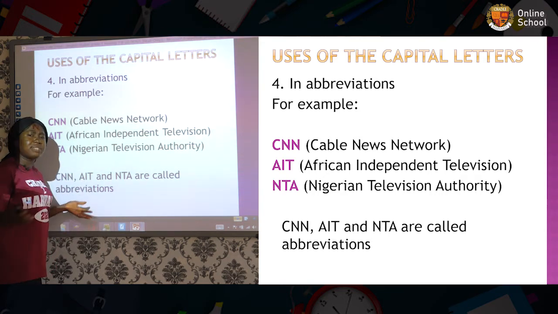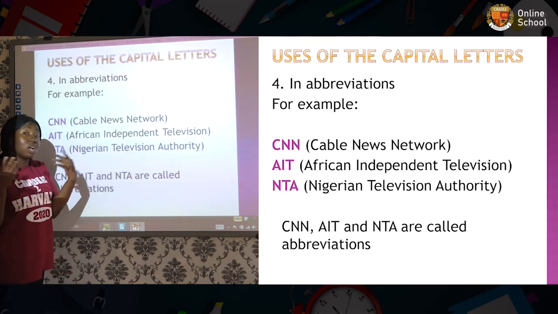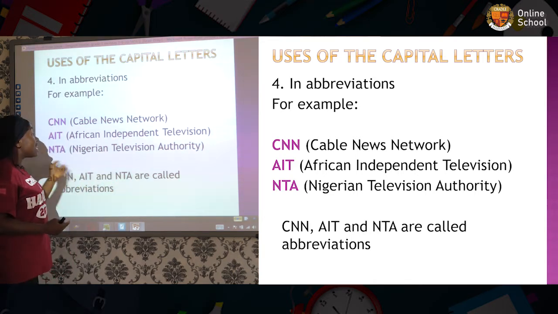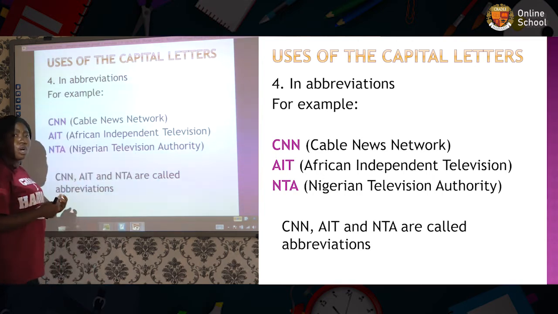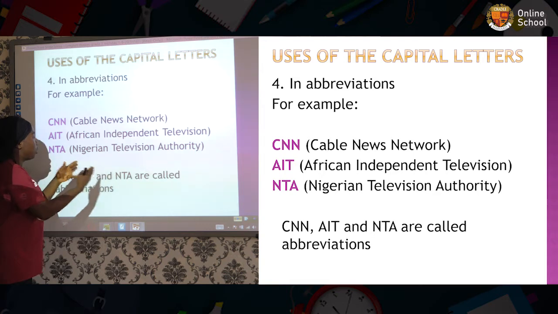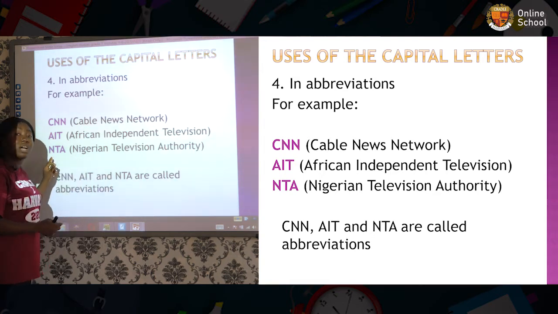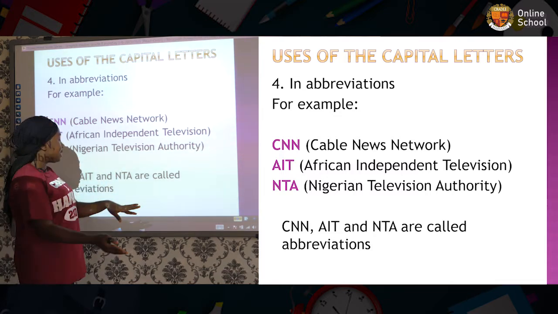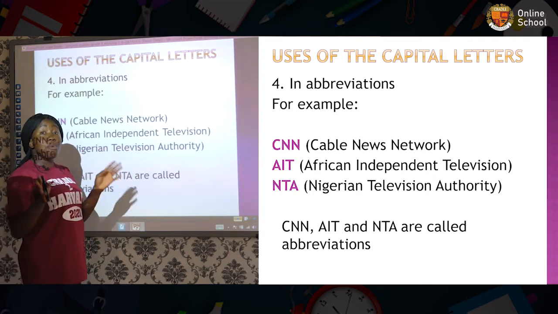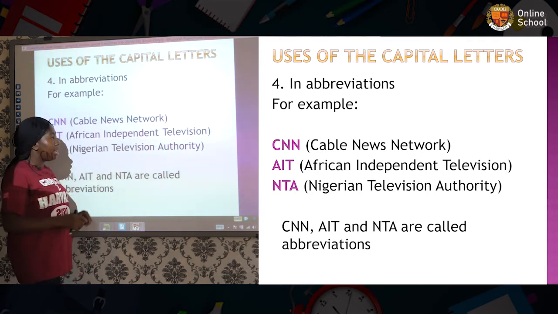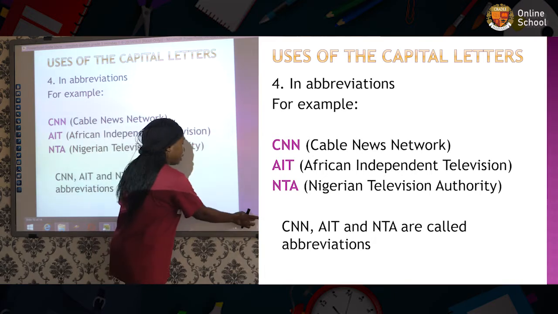Many times daddy and mommy like to watch NTA, but that is not the full meaning. NTA is Nigerian Television Authority. Because we want it shortened, we write it in capital letters. Very good. So we have CNN, AIT, and NTA. They are all called abbreviations, and we make sure we write them in capital letters. I know you're all following.